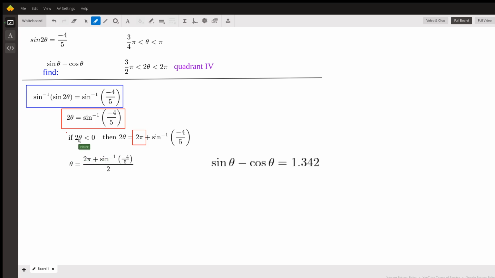Finally, to get theta, we divide by 2. So now you have everything you need. As I said, most calculators now let you store variables.